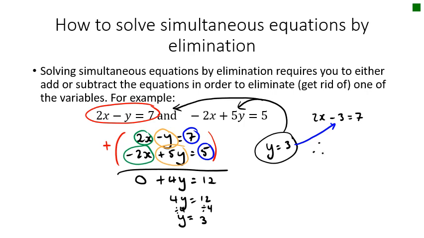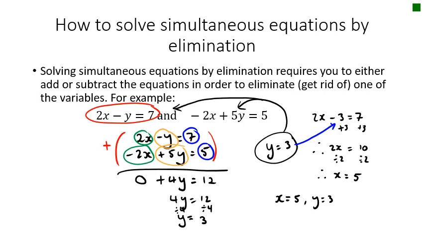And I'm going to end up with 2x take 3 equals 7, because 3 is my y value. And therefore, I'm going to end up with 2x equaling 10, because if I add 3 to both sides, I get 10. Then I'm going to divide both sides by 2, and I'm going to end up with x equaling 5. So my solution is actually x equals 5, y equals 3.